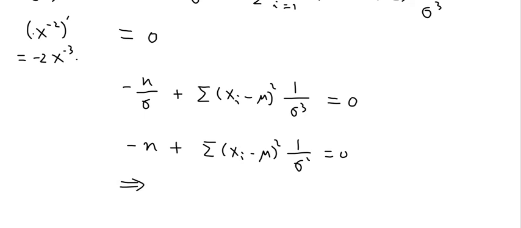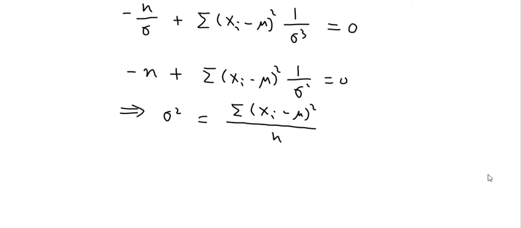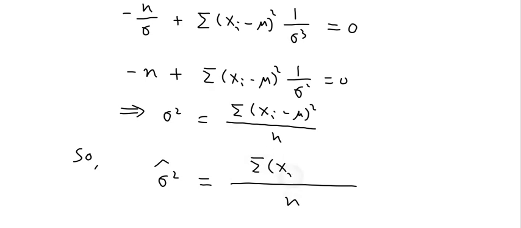Okay, so we get sigma squared equals the summation of xi minus mu squared over n. For mu, we already have the estimate: mu is x bar. So finally, sigma squared hat equals the summation of xi minus x bar squared over n.